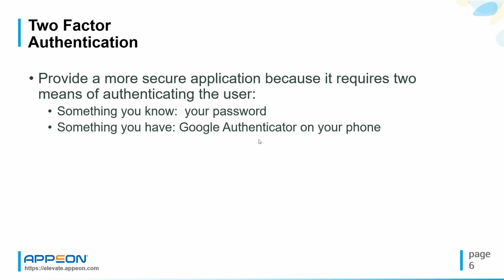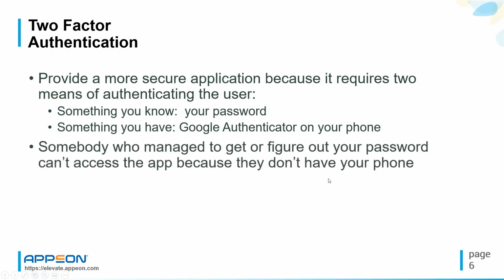And if the person can't enter both the password and the PIN code, then they can't get into your account. So somebody would have to get your password and your phone, and they would need to be able to unlock your phone in order to actually access your account.